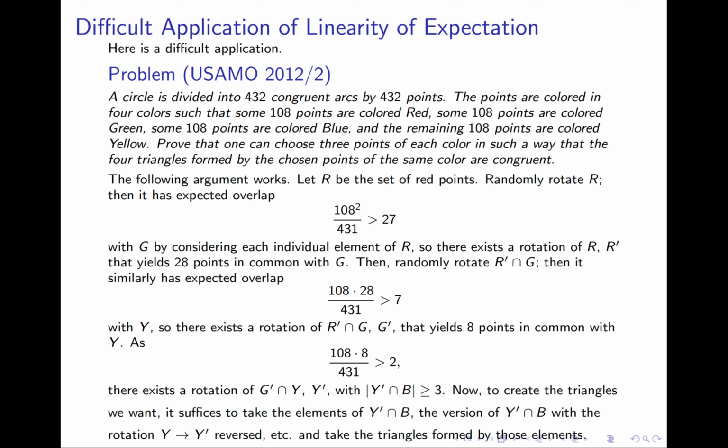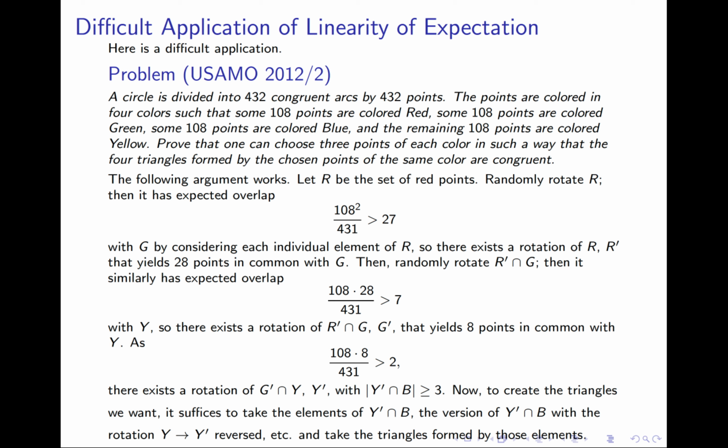And the idea to solve this problem is to first let R be the set of all red points. And if we fix any one of the red points, there are 431 possible rotations, of which 108 take that point to a green point, because there are 108 total green points.